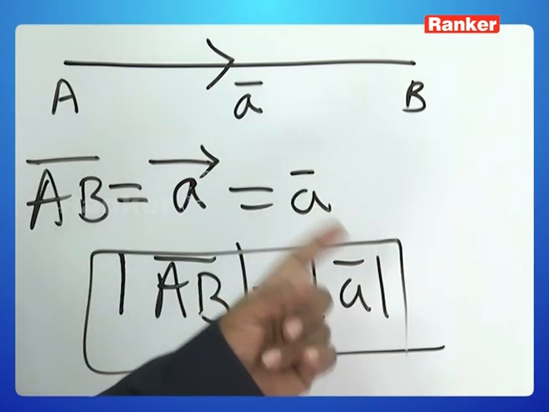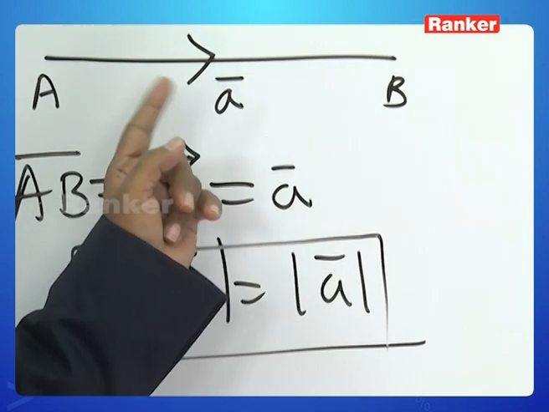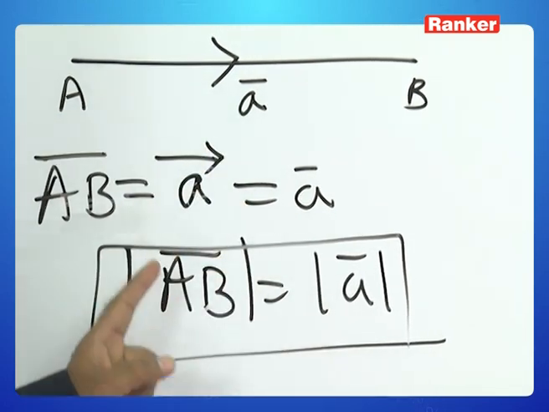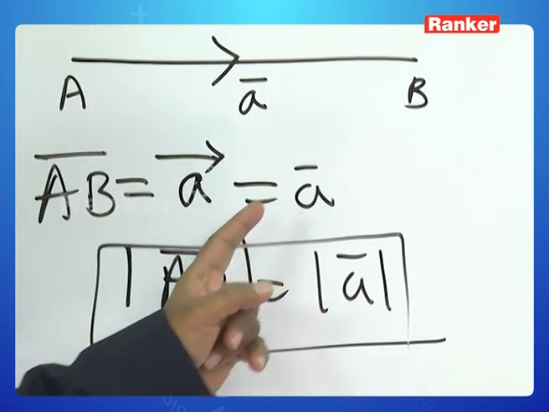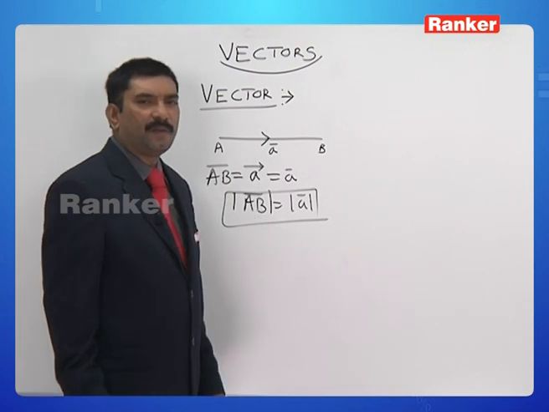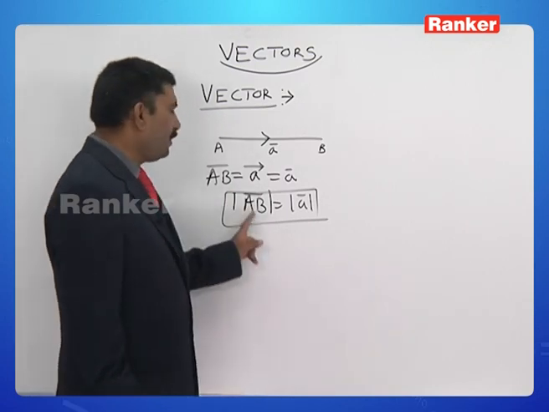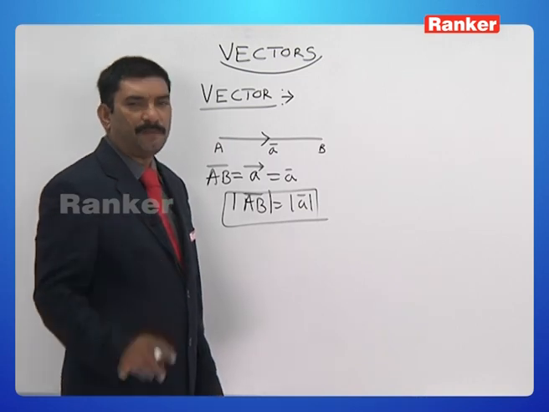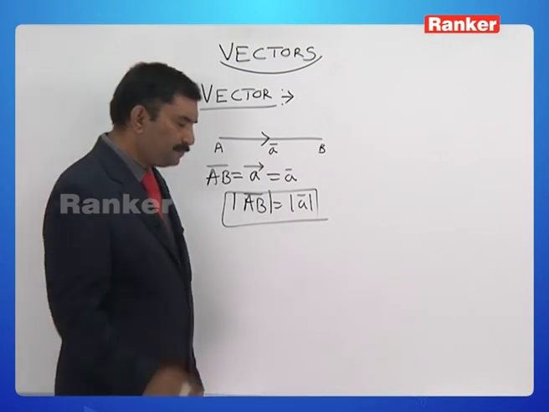So hereafter every vector is denoted by a directed line segment, I mean AB bar equal to A bar, where A is the initial point and B is the terminal point. So the modulus of AB bar is equal to the modulus of A bar.